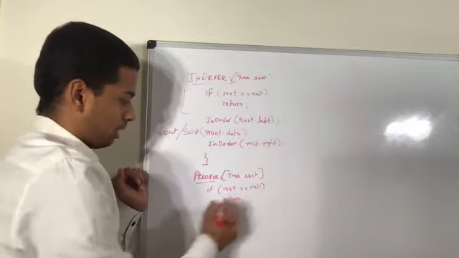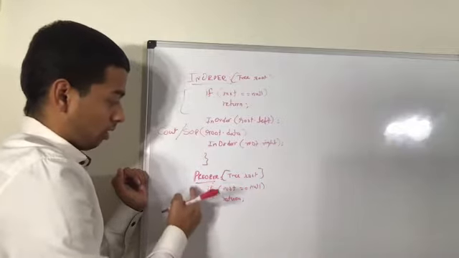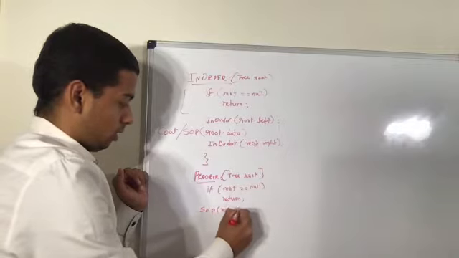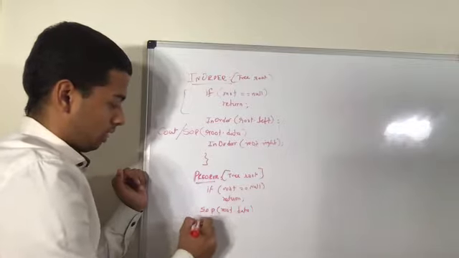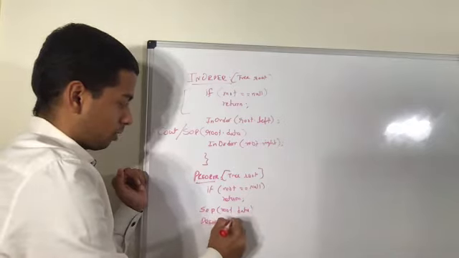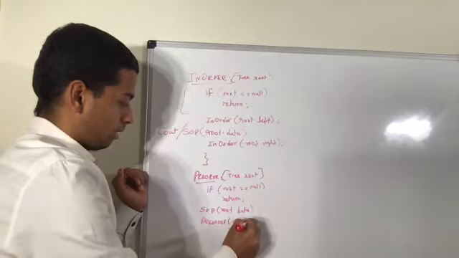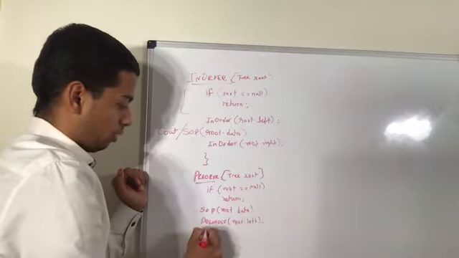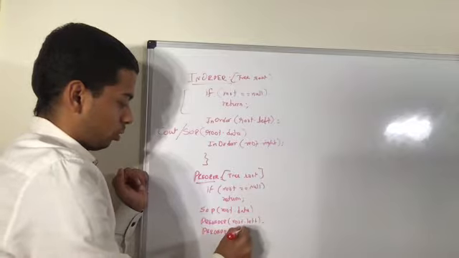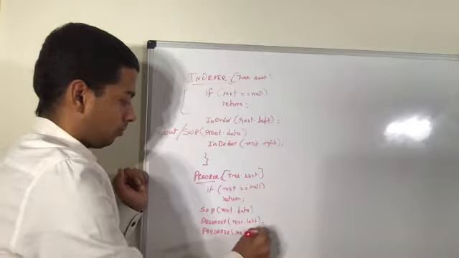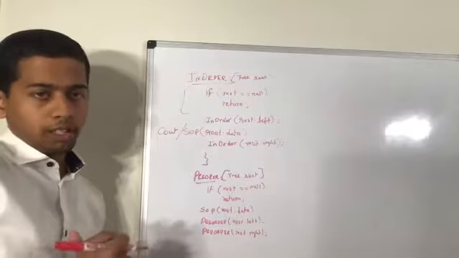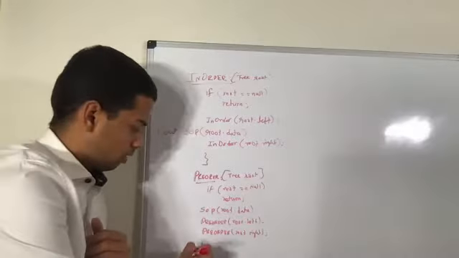If not, pre-order means I'll first print the root dot data, then I'll call the pre-order for root dot left, then I will call the pre-order for root dot right. That's all. This is for pre-order.